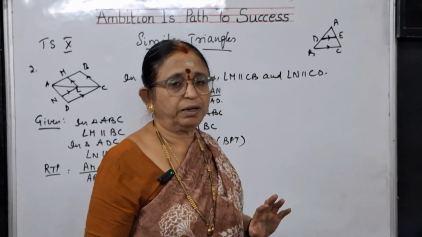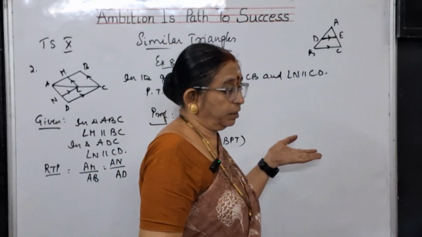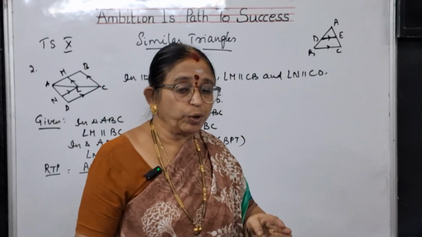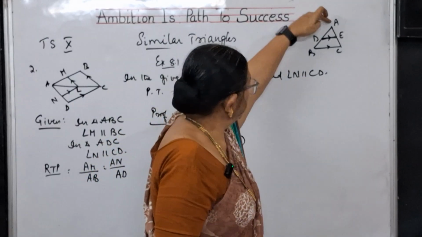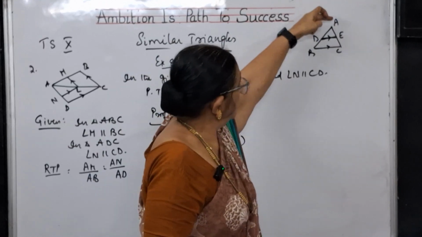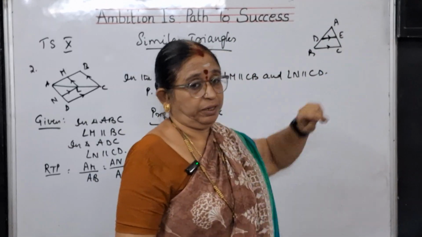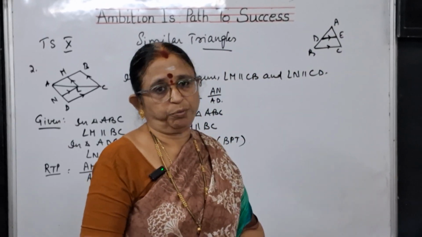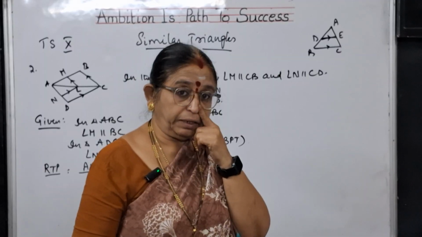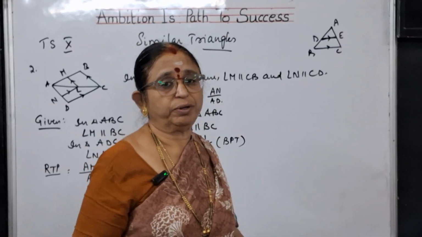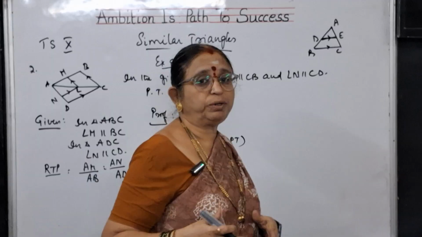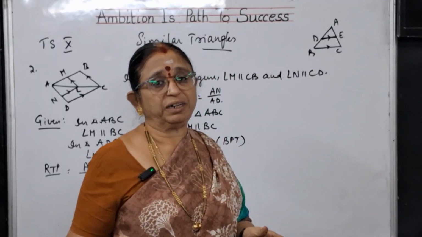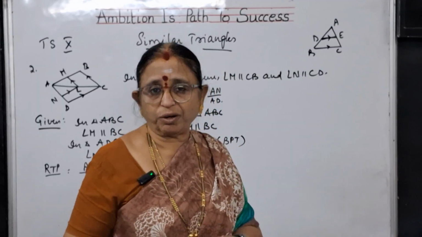But actually, the theorem can be prolonged. How? AD by AB is equal to AE by AC. Even that you can prove, but that proof was there in the earlier textbook. Now, in the new textbook, that part is deleted. So, that part I have not taught you.